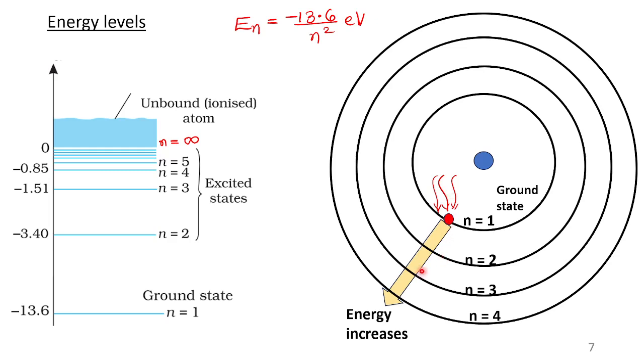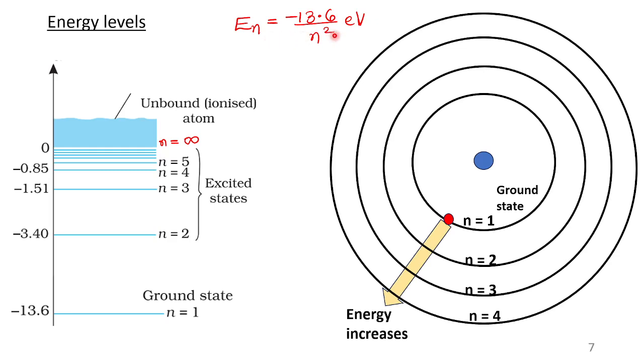So now listen. I'm talking about different energy levels. When n equal to 1, what is the energy of the electron? Substitute n equal to 1 in this formula.